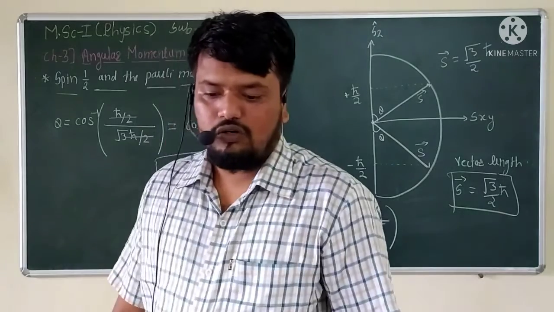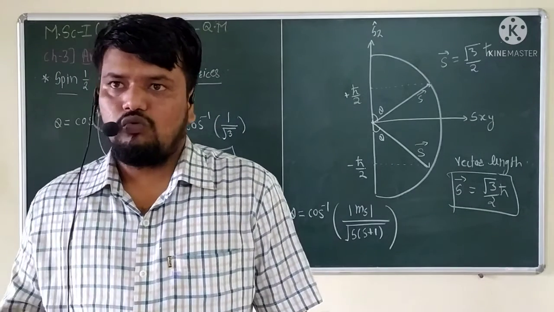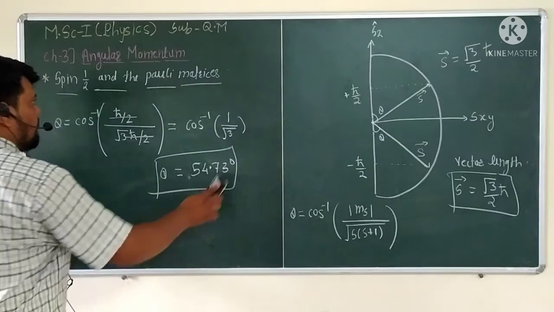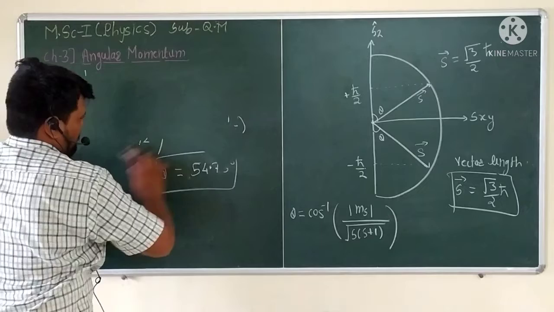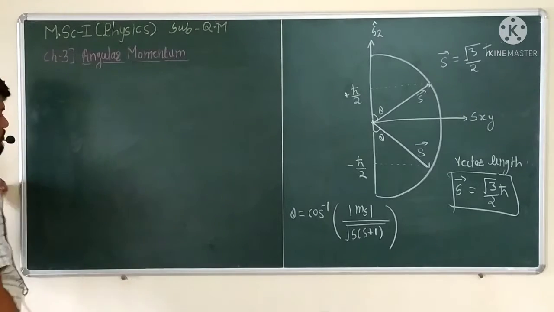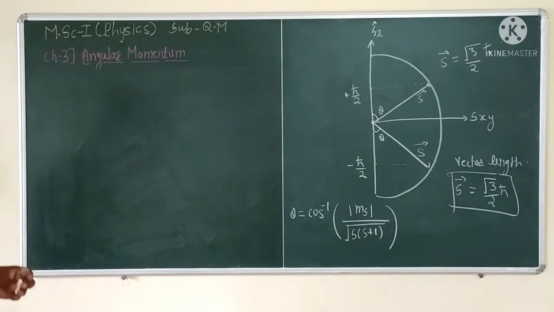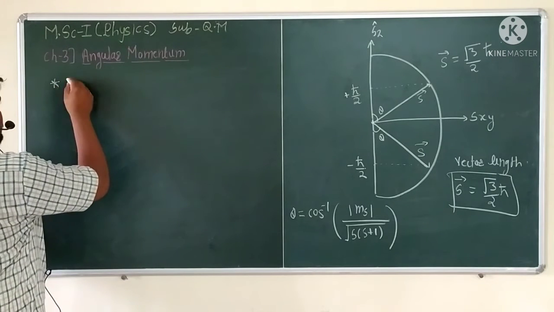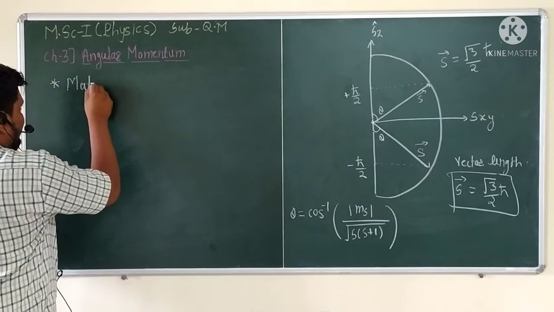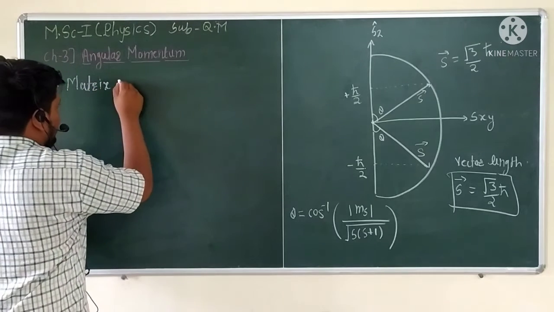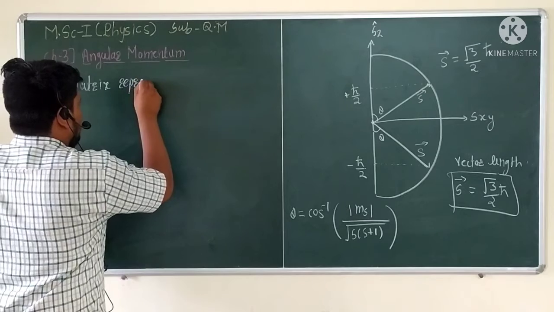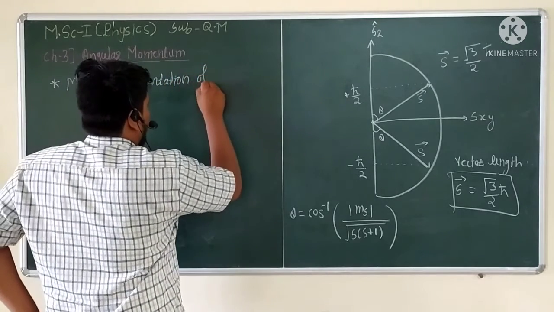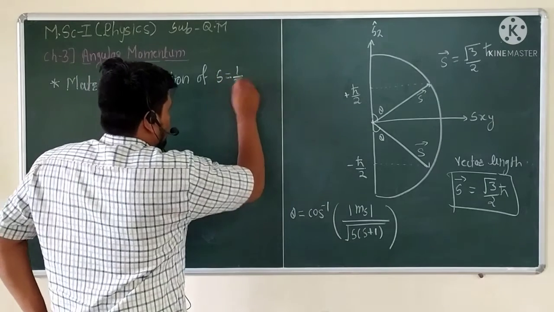Okay, so now let us study the matrix representation of the spin, that is s is equal to plus half, and depending on this we want to see the matrix representation of s square, s z, s plus, s minus, s x, s y, etc. So the new point given here is the matrix representation of s is equal to 1 by 2.